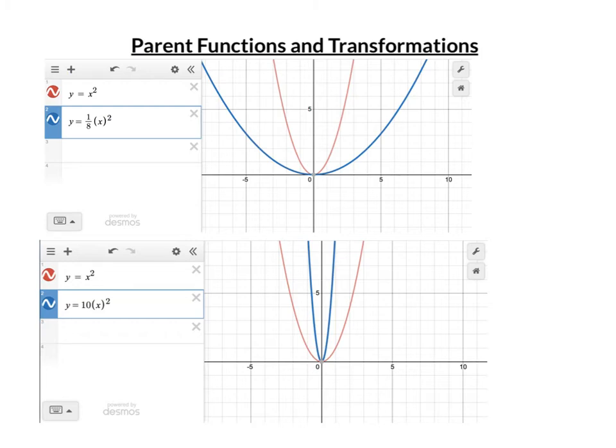So we'll take a few seconds here and look at the graphs. These are examples is all they are. They're not necessarily the same. But there's my parent function in red. Notice how when I multiply by 1/8, vertically, it gets pushed down towards the x-axis. This was a compression.